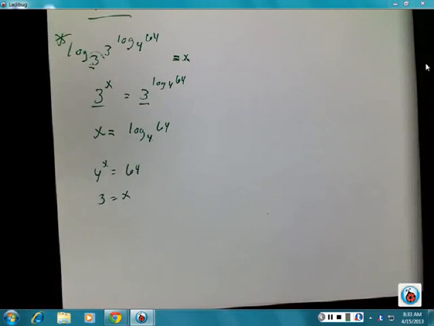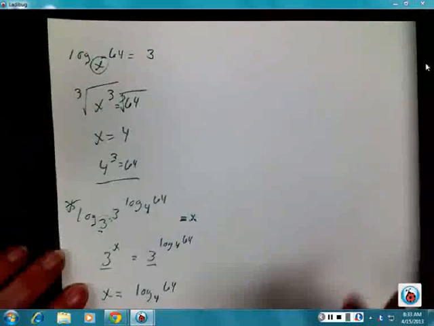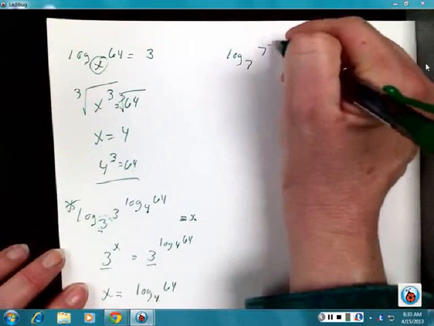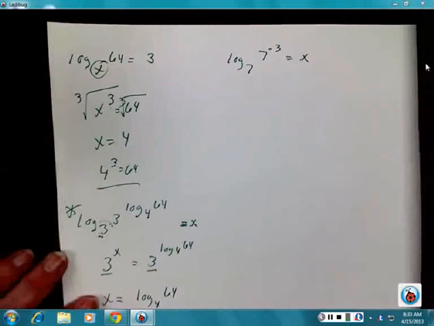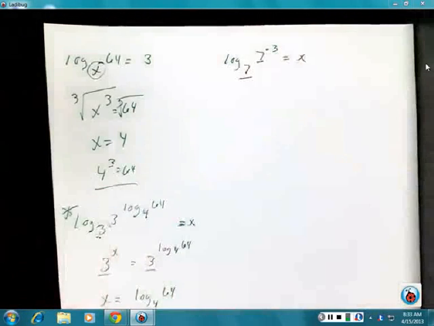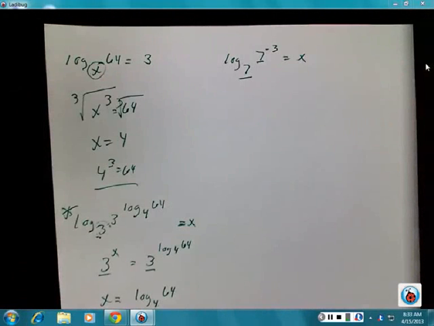How about this one? Log base 7 of 7 to the negative third is equal to x. That's one of my properties that I had. So my property says if this and this match, my answer is negative 3.